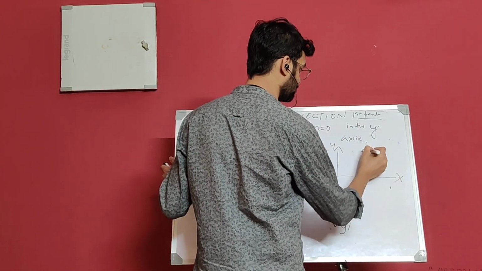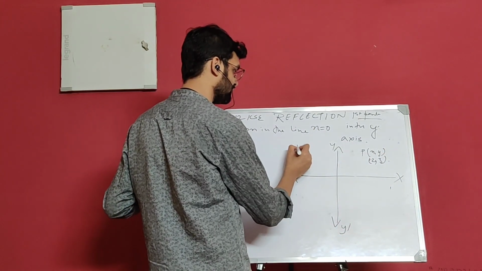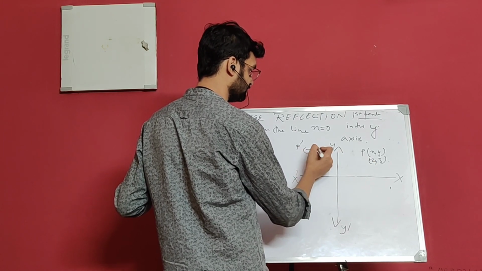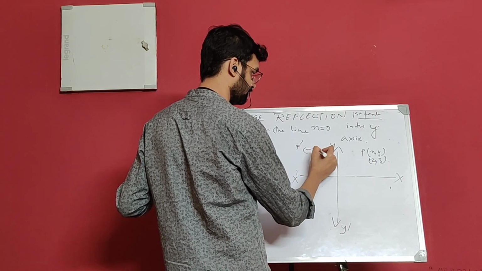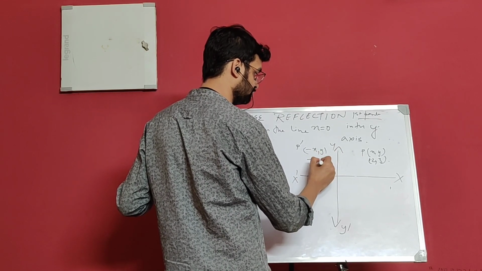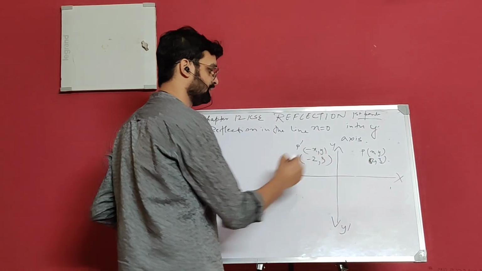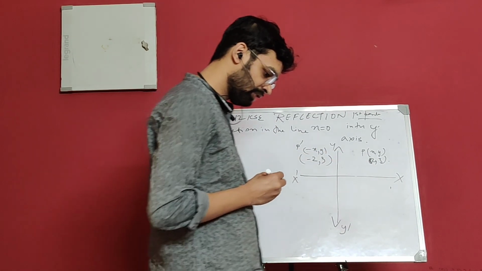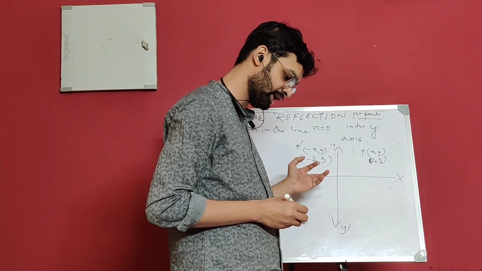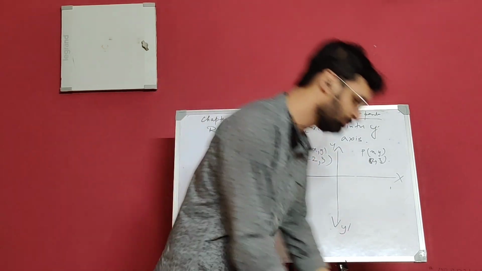If P is x comma y, or I take 2 comma 3, so my reflection will be here P dash, that will be minus x and y only itself. So my value becomes minus 2 and 3. Here it was only 2, 3. Here minus 2 and 3. So when a point is reflected in the y axis, the sign of abscissa changes. So I have shown reflection from 2 comma 3 to minus 2 comma 3.